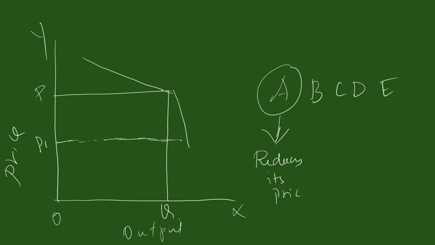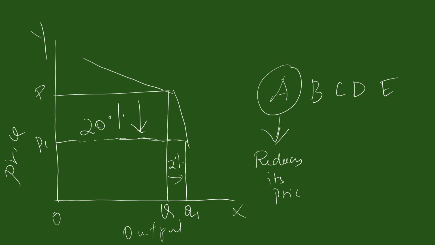Now what will happen to the quantity? The quantity demanded will rise from Q to Q1. For example, the price can be decreased by 20%. What will happen to the quantity demanded? The quantity demanded can increase by only about 2%.